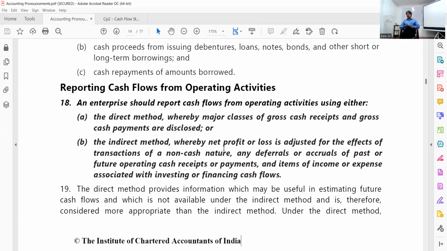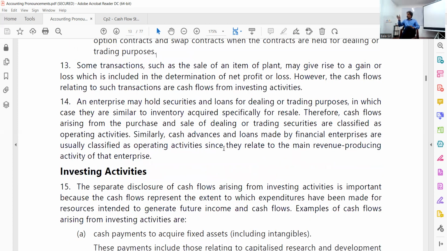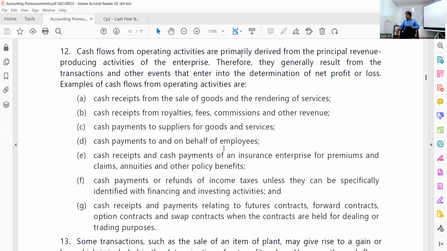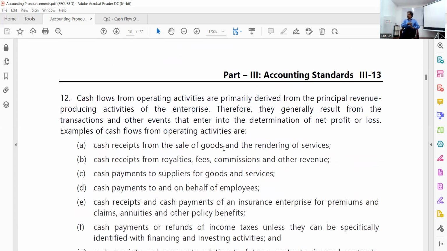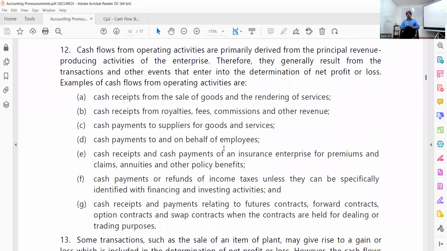And para 17 should be examples of financing activity. Am I right? Yes. This is para 12. 18A will not say what are those cash receipts and cash payments. If you want, you can check out some examples of operating activity given in para 12.